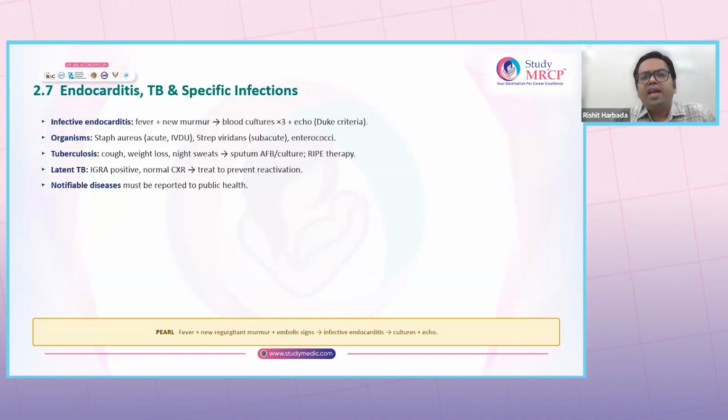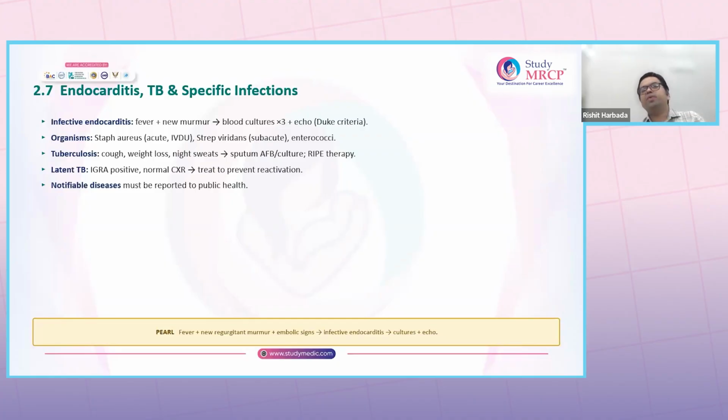Next is infective endocarditis. One of the very, very favorite questions in our exams is infective endocarditis. In infective endocarditis, we all know that there is infection of the endocardium of the heart. Most commonly, it is the surface of the heart valves which are involved.